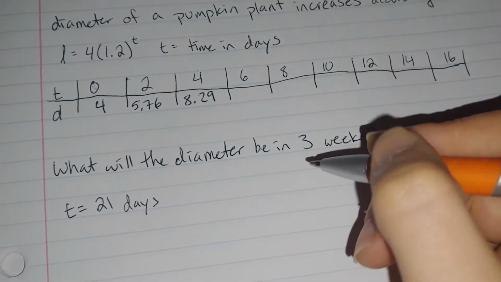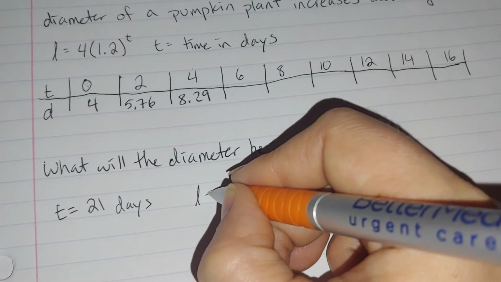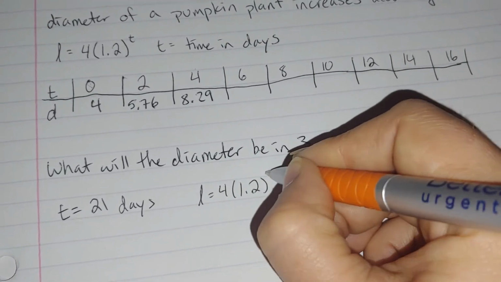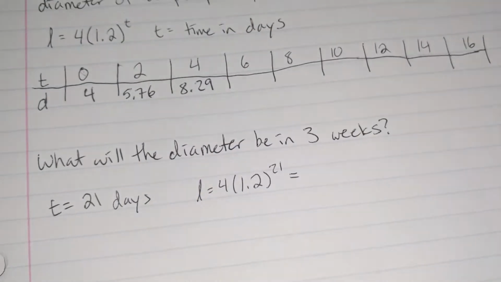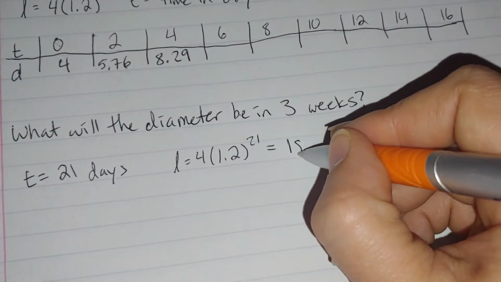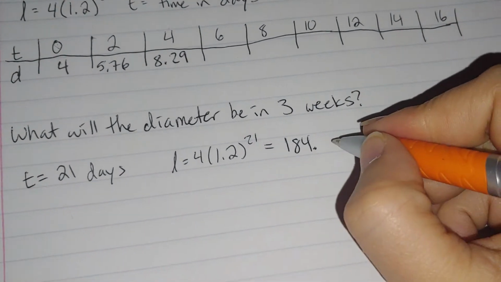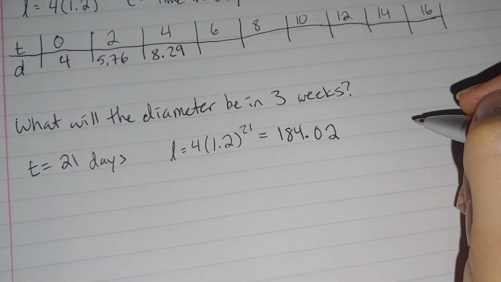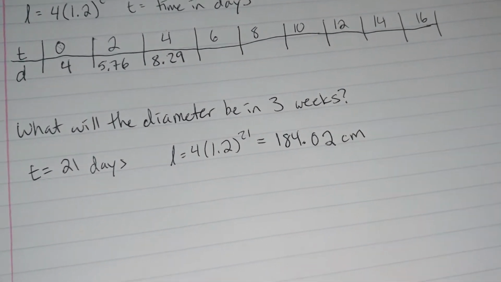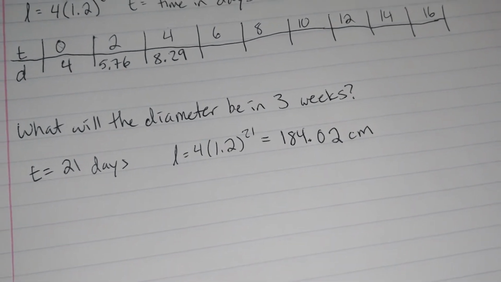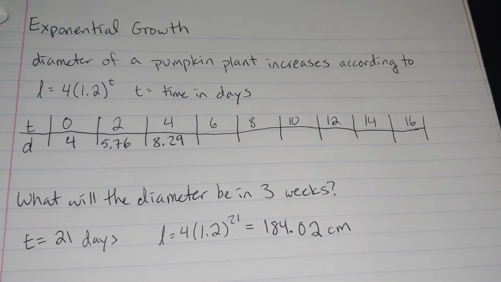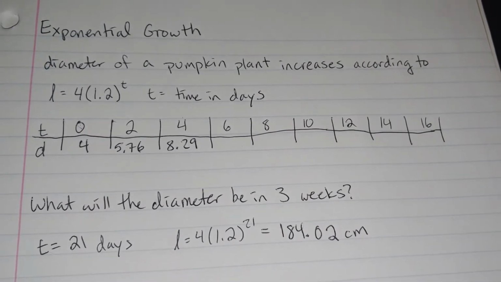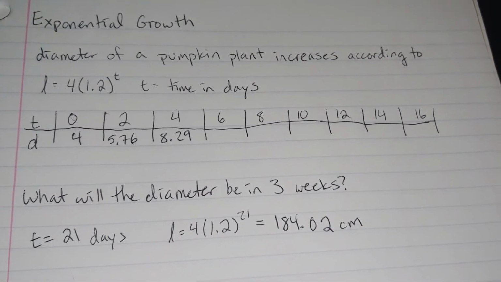It will give you 3 days. So 4 times 1.2 to the 21. I have 184.02. And that is in centimeters. So prediction is absolutely one way that we can use an exponential equation, predicting exponential growth.